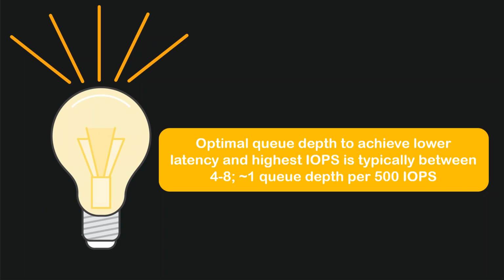This is at the IOPS level. If you're not able to follow it, I would say ignore it. Mostly system admins or cloud admins will not require it. This is typically about your IOPS latency: the optimal queue depth, the amount of queue that you want to maintain, has to be 4 or 8. If you're having a very long queue, then you need to look at your application level optimization itself.